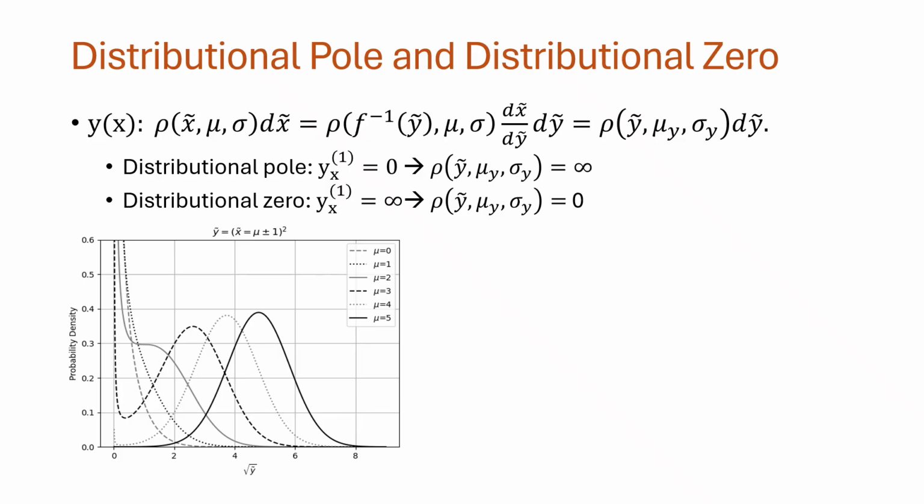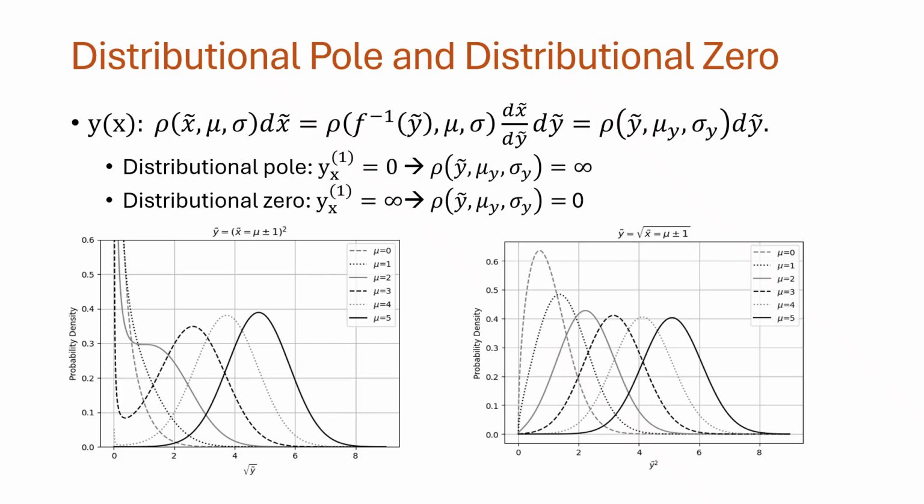You can see at 0, the distribution density function is infinity. And here is another example. We're calculating y equal to square root x. This time, the y-axis is scaled as y squared. And you can see at x equal to 0, all density functions are 0.